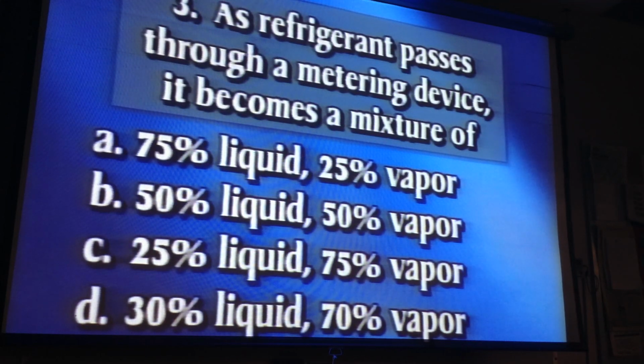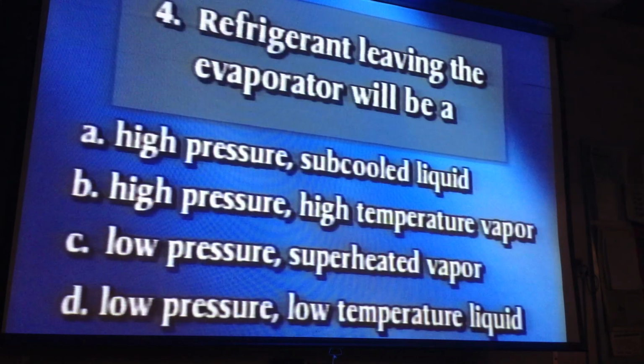Answer? A. Refrigerant leaving the evaporator will be: A, high pressure subcooled liquid; B, high pressure high temperature vapor; C, low pressure superheated vapor; D, low pressure low temperature liquid. Answer?